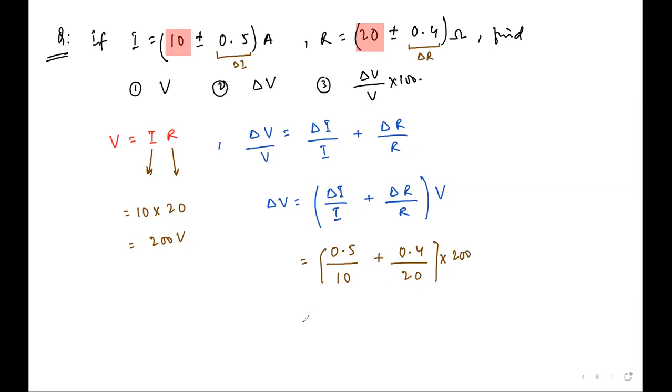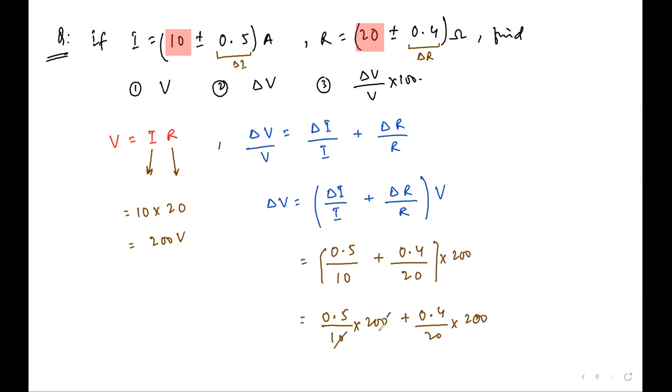So if you expand this, you will get 0.5 divided by 10 multiplied by 200, plus 0.4 divided by 20 multiplied by 200.